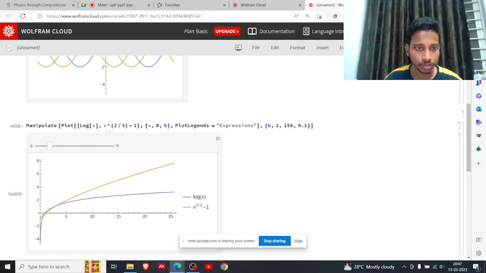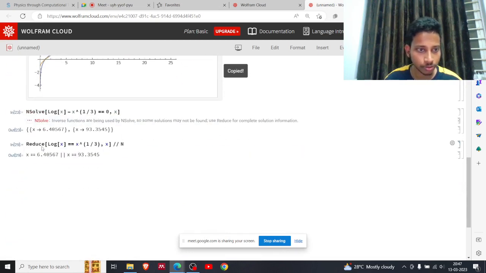Now here you can see the log x and x to the power 2 by 3 minus 1 has 2 intersection points. So we can use that.